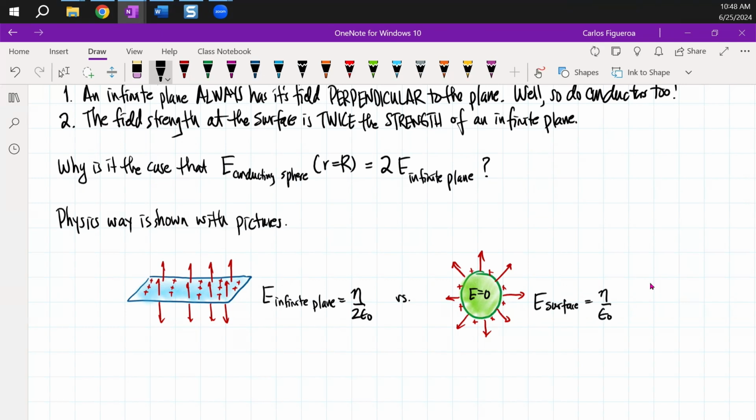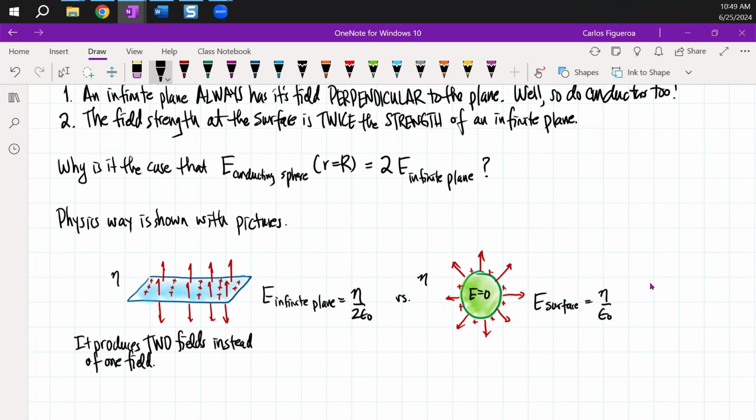So here's the key thing to remember here. I've got to look at the charge density. I'm going to say that the charge density here and the charge density here are the same. So if they have the same amount of charge density, then this guy has to do what? It produces two fields instead of one field.